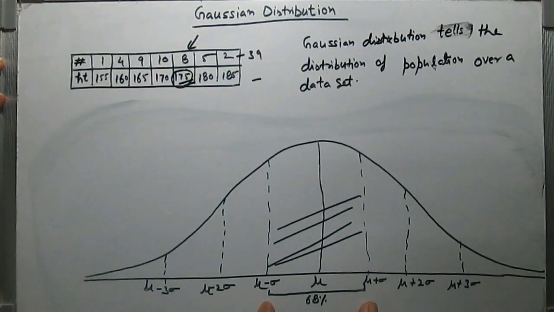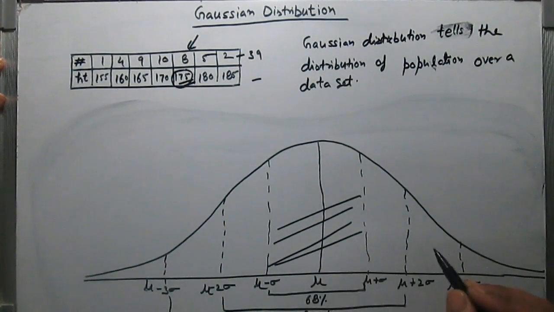It means 68% of the total population falls in this area of the curve, and the area from mu minus 2 sigma to mu plus 2 sigma covers 95% of the population, and mu minus 3 sigma to mu plus 3 sigma, this complete area, covers 99.7% of the total population. The remaining 0.3% of the population is covered under this area of the curve.